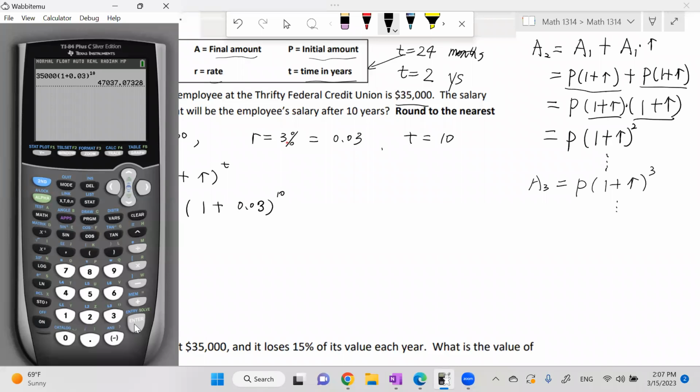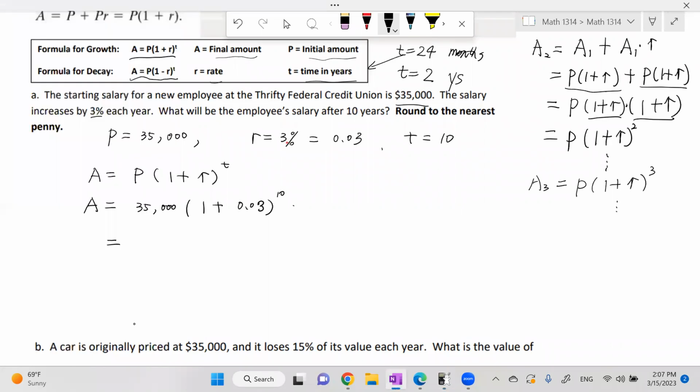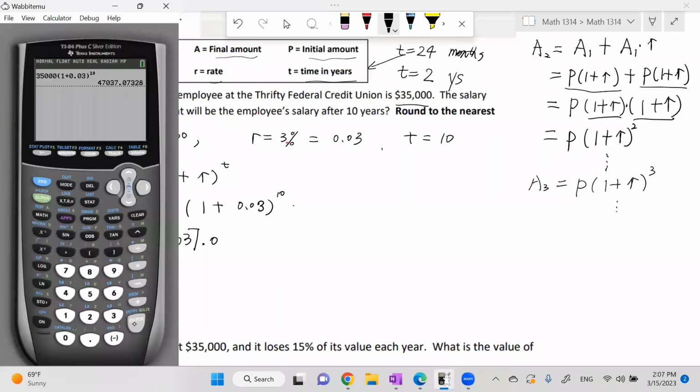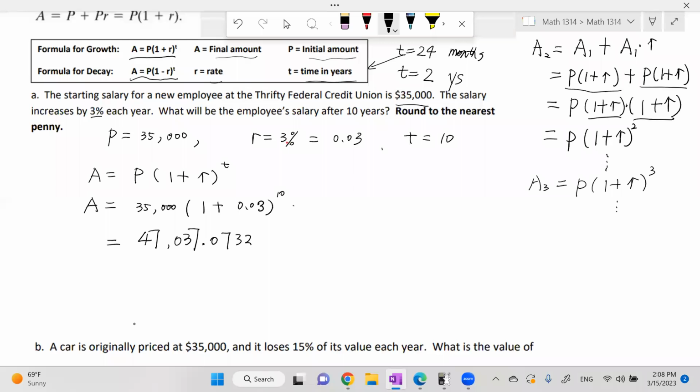So we must have the amount of money like this. Let me copy it down. 47,037.something.